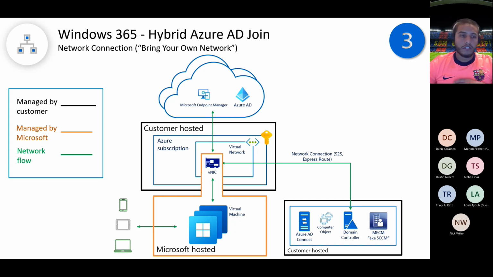Also a domain controller to give line of sight connectivity, and obviously the MECM server. And with that, we obviously are going to need the line of sight connectivity between the domain controllers and the Azure tenant.